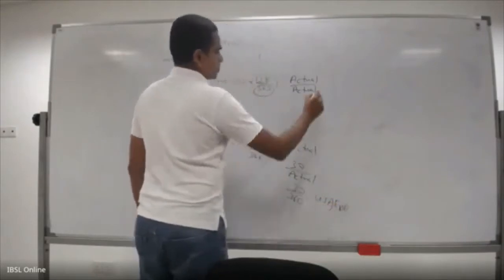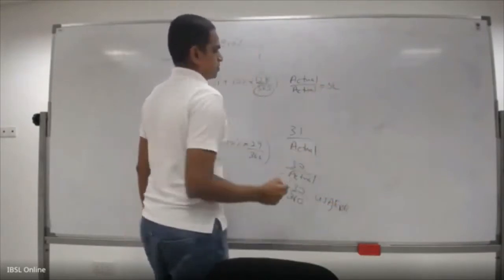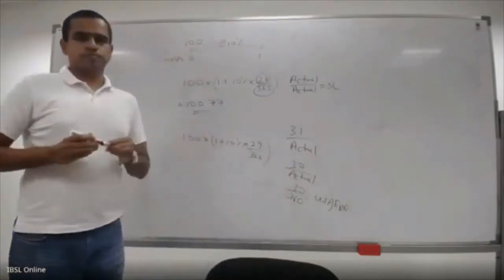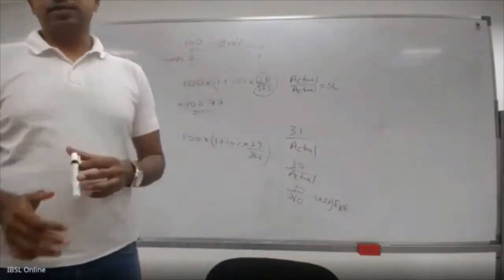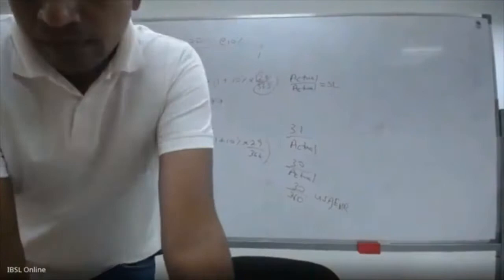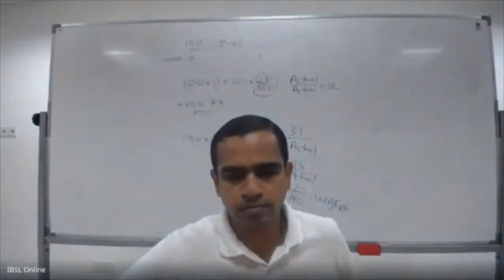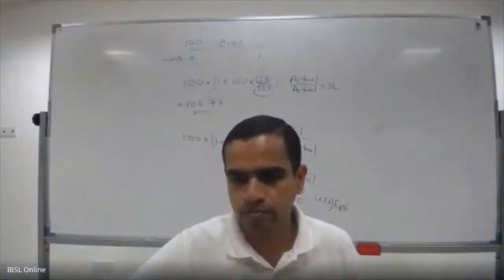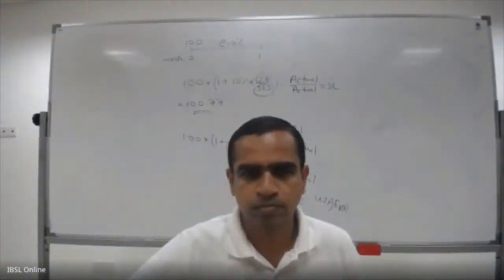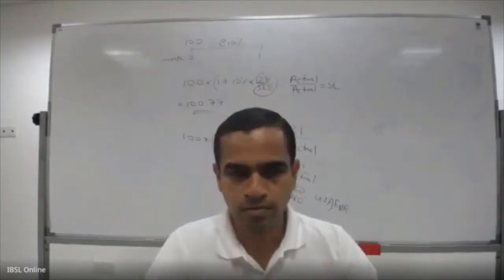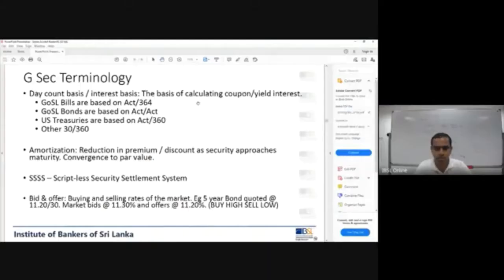And that's called the day count basis, or the interest basis: the basis of calculating coupon or yield interest.